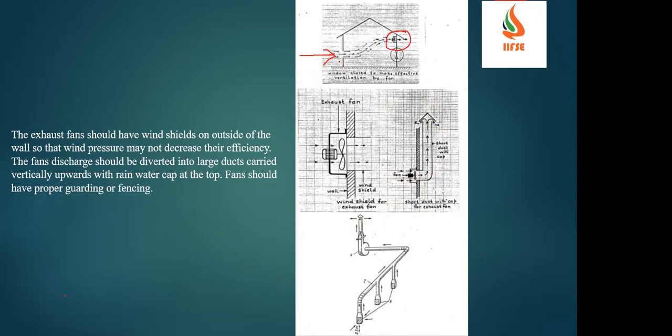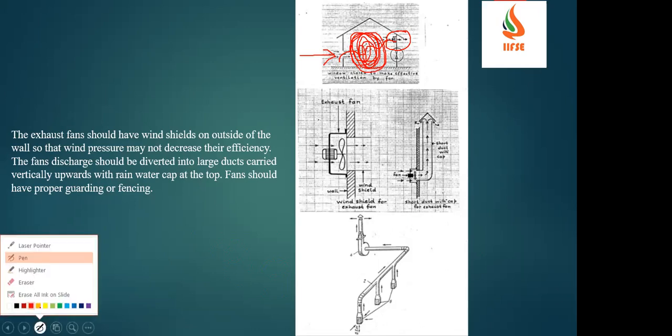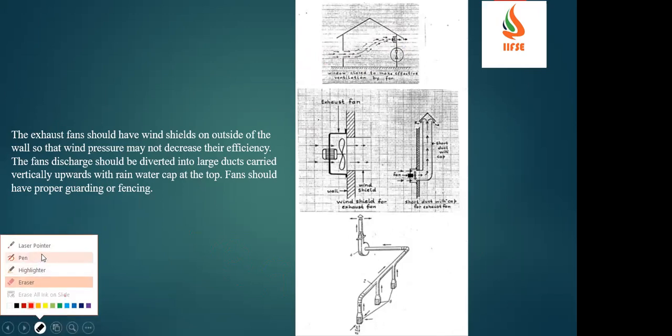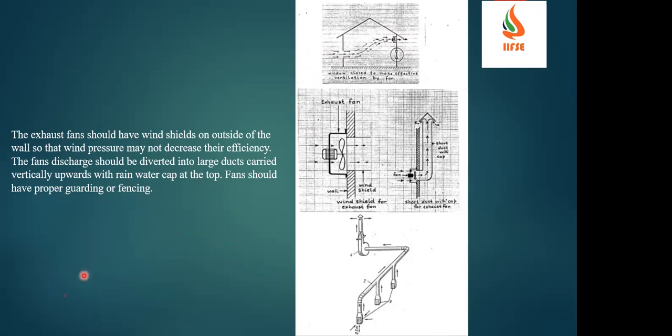So the air which comes in will go this way, and automatically this complete portion will get cooled. That is the advantage of this mechanical ventilation, wherever you are not able to get sufficient natural ventilation or it is not meeting your requirement.